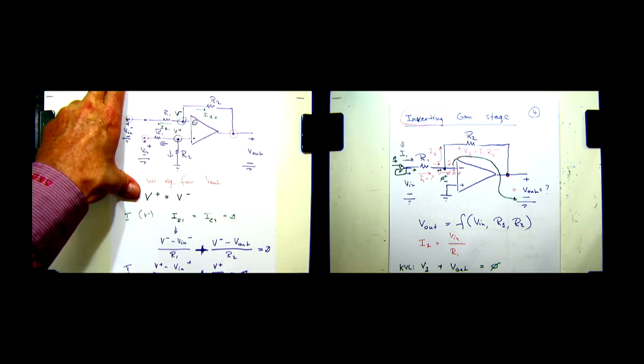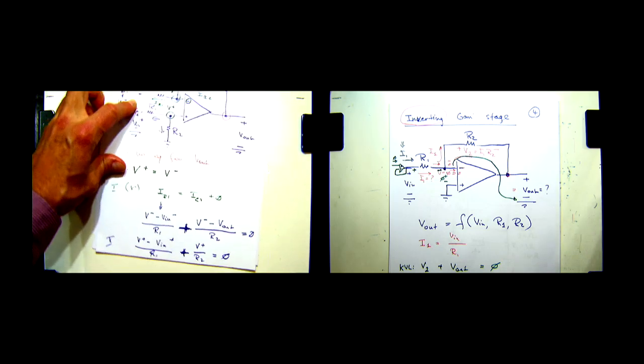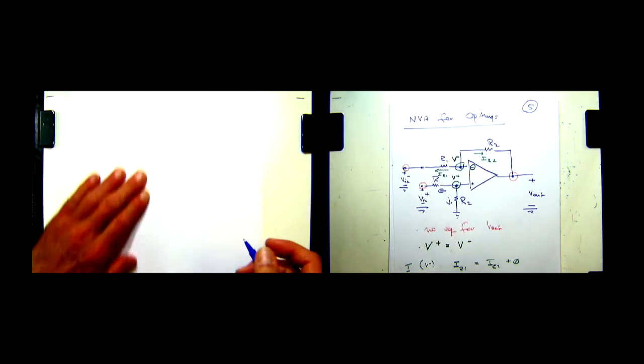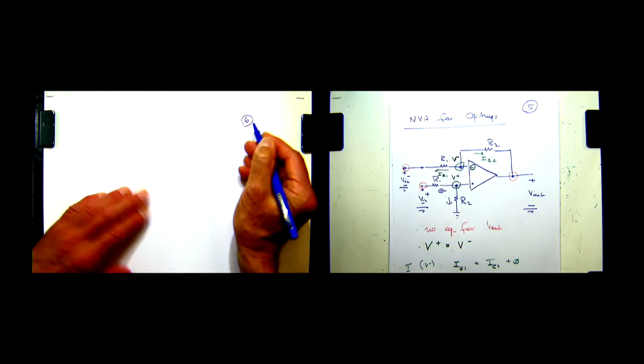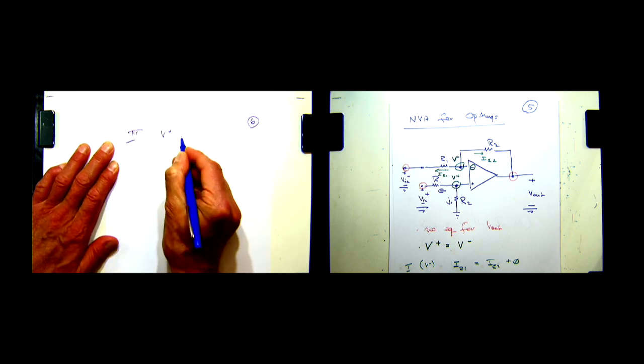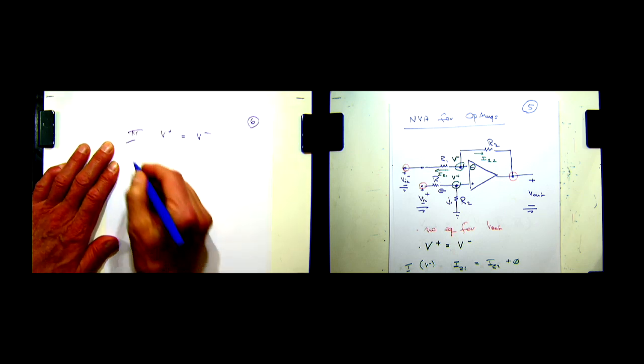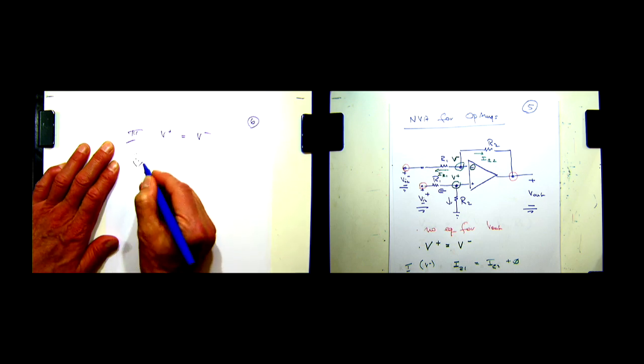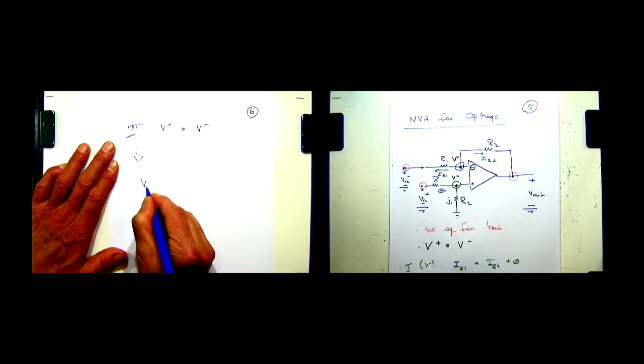Because after all, that's the point of the analysis. Where do you get an additional equation from? Exactly. So the third equation, 6, is V plus is equal to V minus. And then you do some analysis, and what you get is V out.